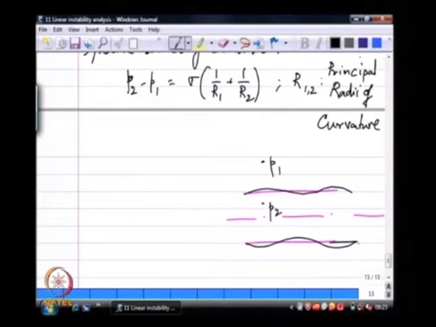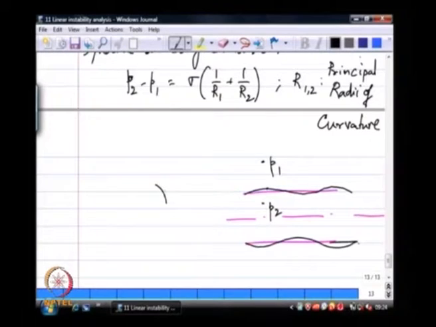So, these lower case p1 and p2 are the additional pressure fields due to the perturbation. Okay. Capital P1 and capital P2 were our mean pressures before the perturbation. So, if I now look at the perturbation pressure fields, they require that the forces at this interface remain in balance.